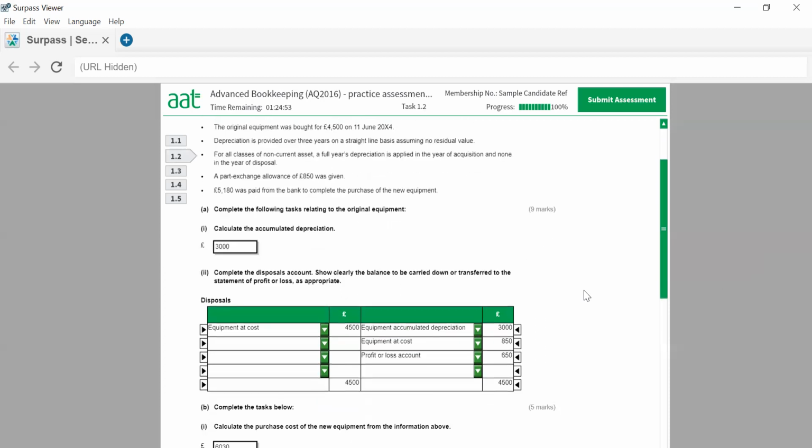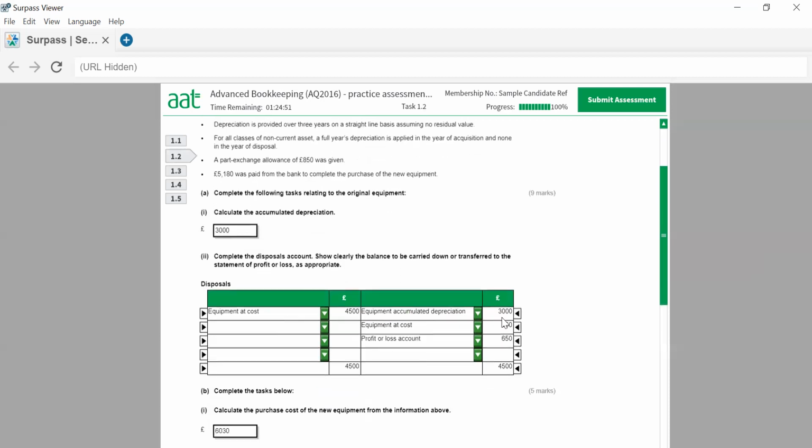So watch. The equipment at cost that we've got on the debit side, we're going to credit the equipment at cost to close it for 4,500, and we're going to debit the disposals account for 4,500.